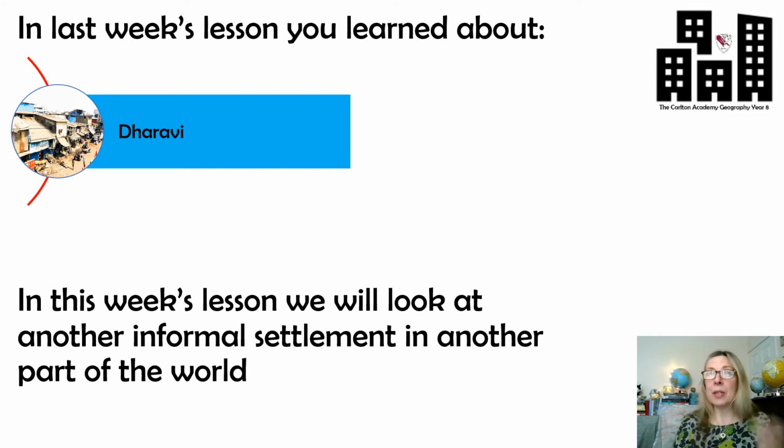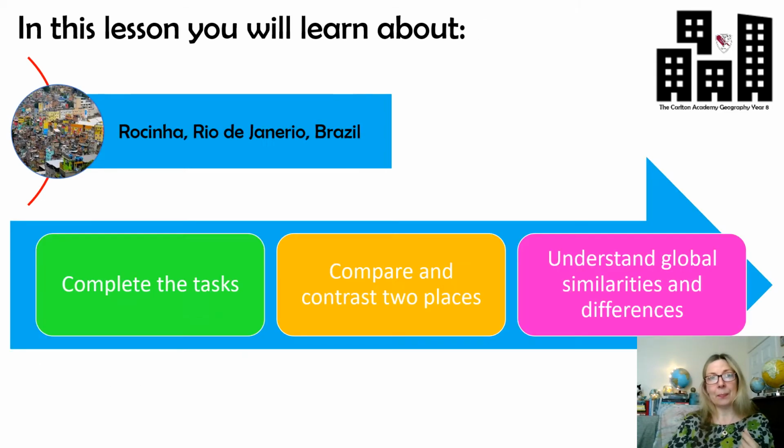That means we're going to look at the similarities and the differences between these two shanty settlements or informal settlements. So we are going to Rocinha, which is an area of Rio de Janeiro in Brazil. And you need to complete the tasks. We're going to compare and contrast Rocinha to Dharavi.